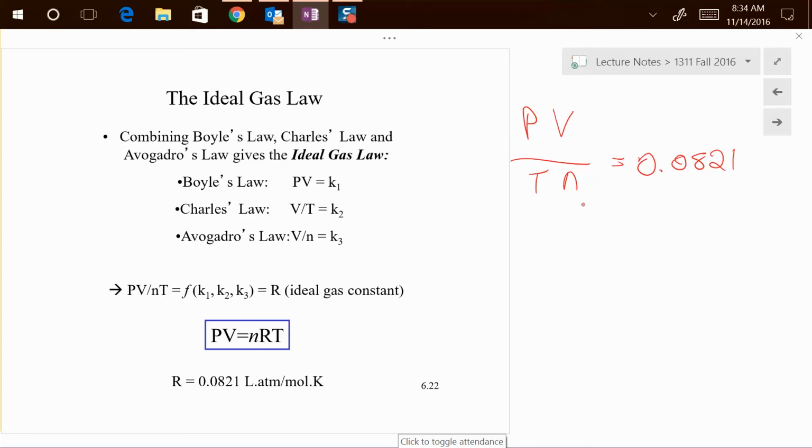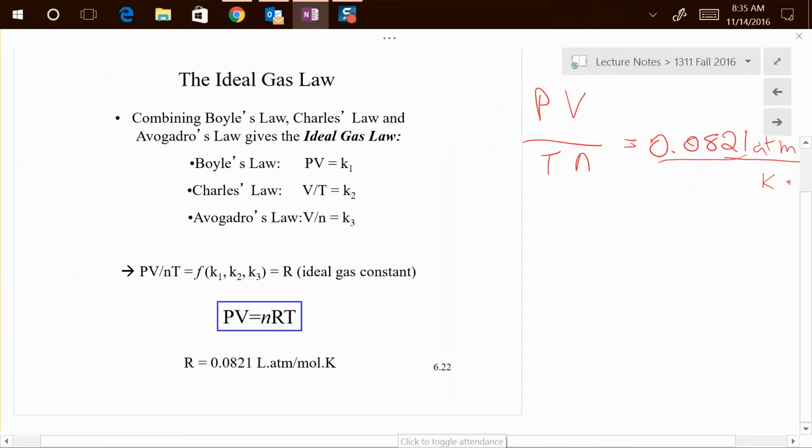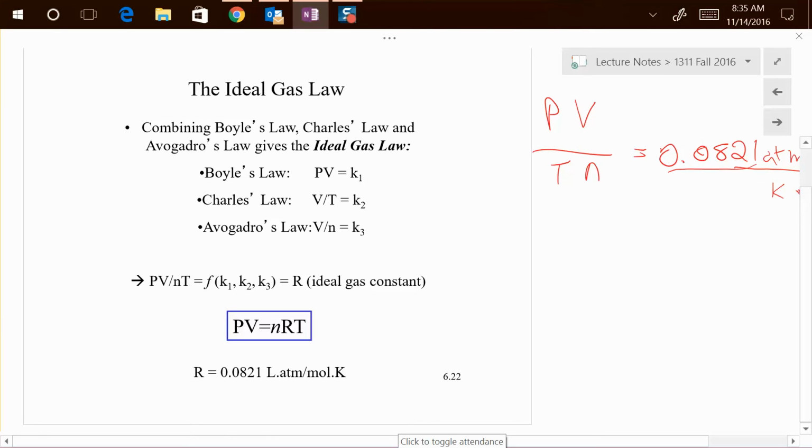And the units of the ideal gas constant: the units of pressure, atmospheres, times liters for the volume, divided by Kelvin, moles, temperature and moles. Okay? Those are the units of the ideal gas constant. So PV over Tn equals 0.0821.